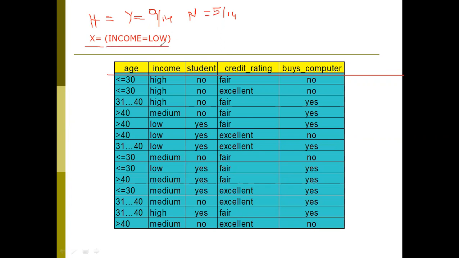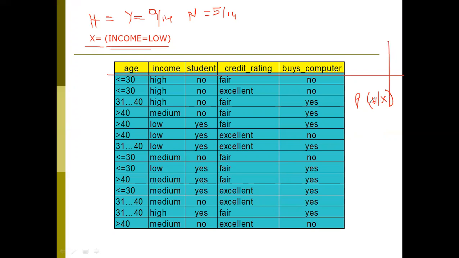Especially if you want to calculate the probabilities for the low value under the income attribute, in the sense, okay, now what is the formula we have? That formula is P of H by X.